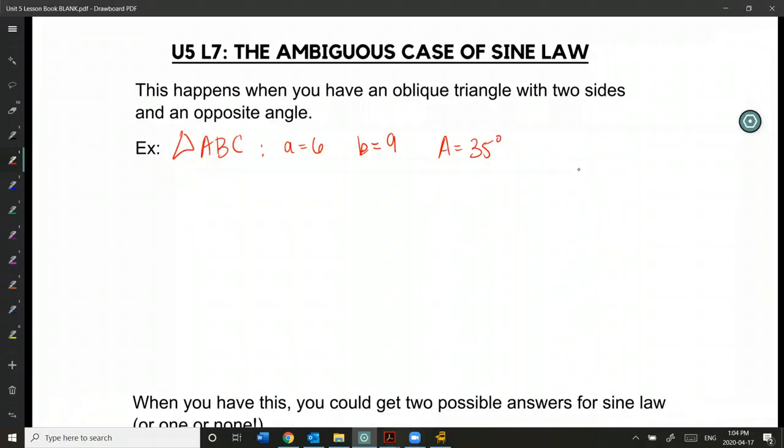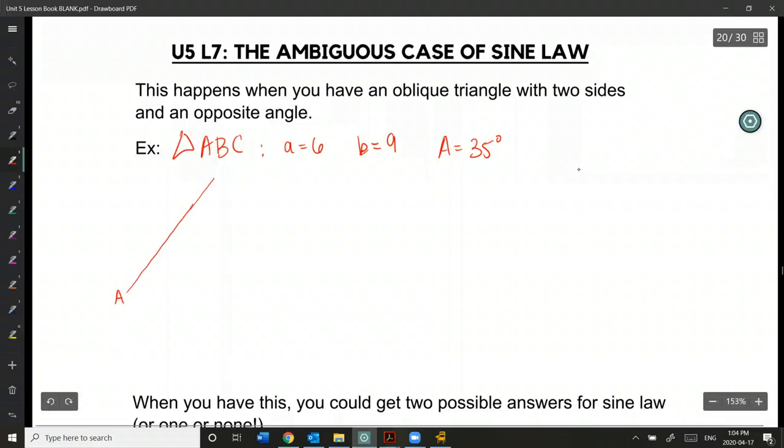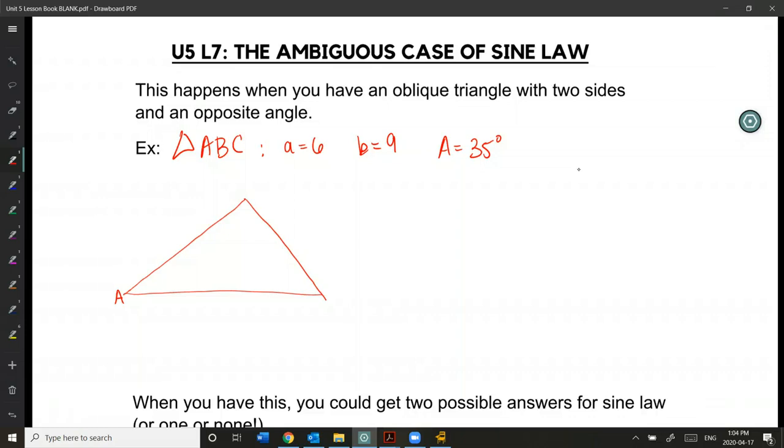Now, in one case, let's just draw this out here. All right, so let's say this is our angle A, that's 35 degrees.